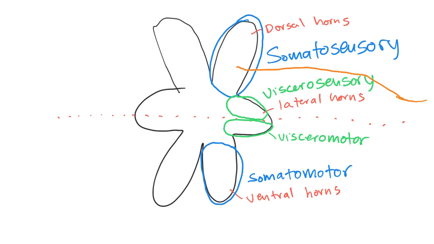At some point, it's going to switch sides and go to the other side of the brain. It may do that at the gray matter. And then from there it would go into one of these tracts and then up the spinal cord.